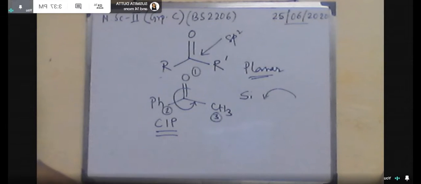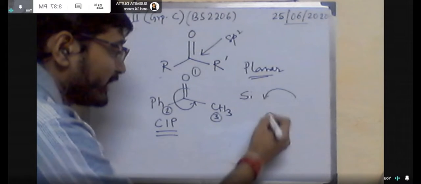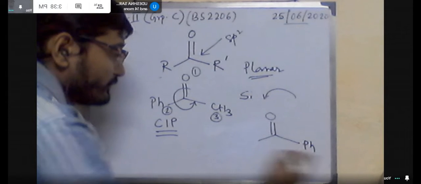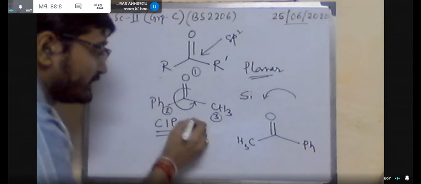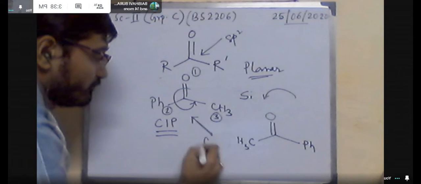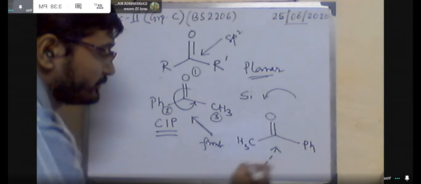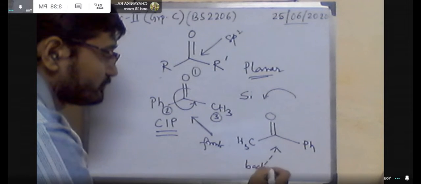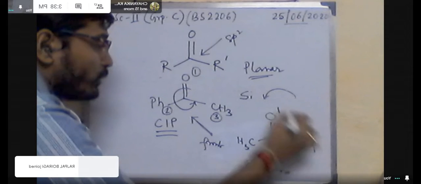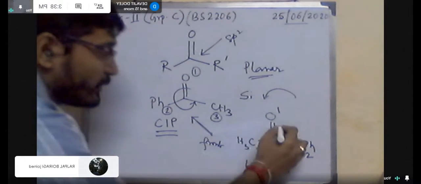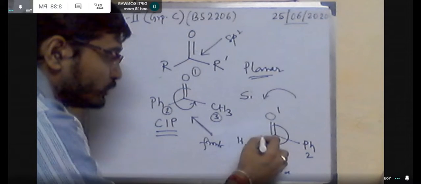This is the front side view and this is the backward side view. Here the numbering 1, 2, 3 will remain fixed. And here you can see the arrangement of the substituents is 1, 2, 3, so this is clockwise. So the backward face is designated as the Re face.